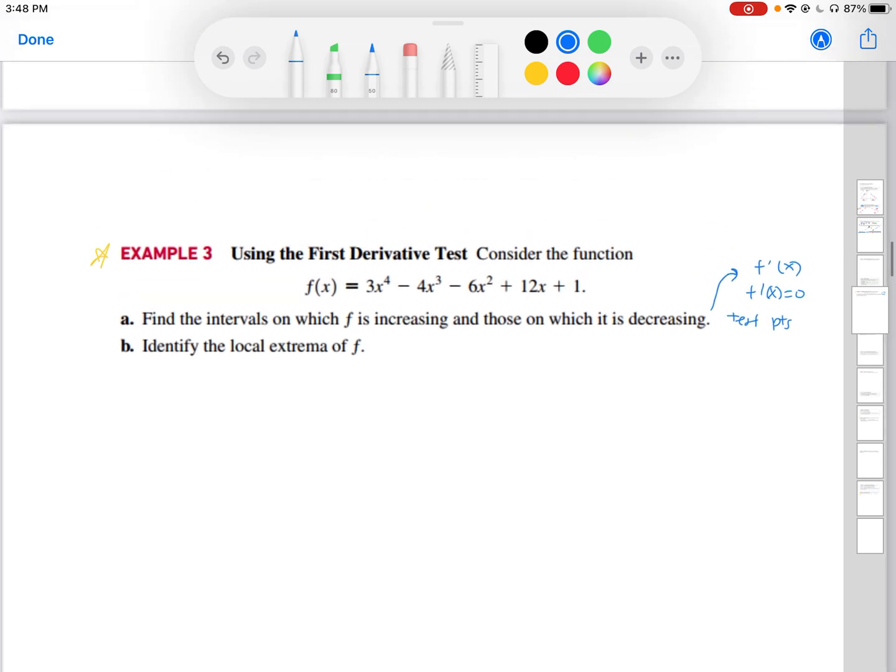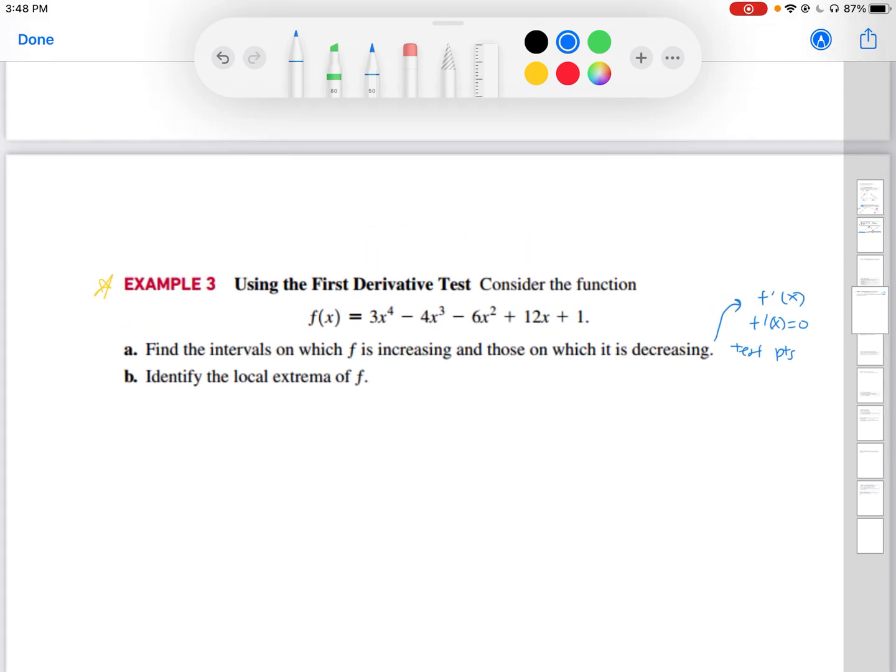All right, so let's start with the derivative. Our derivative using power rule would be 12x cubed minus 12x squared minus 12x plus 12. We can factor out a 12, and we're left with x cubed minus x squared minus x plus 1.